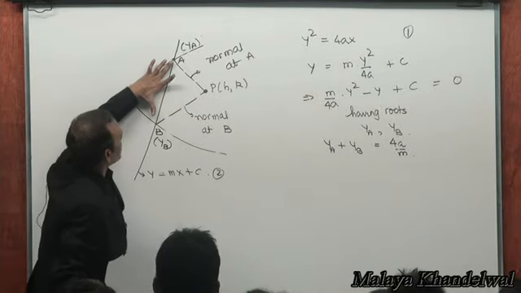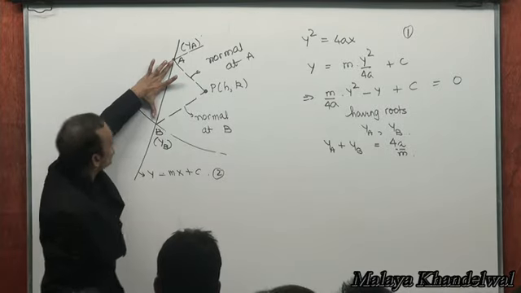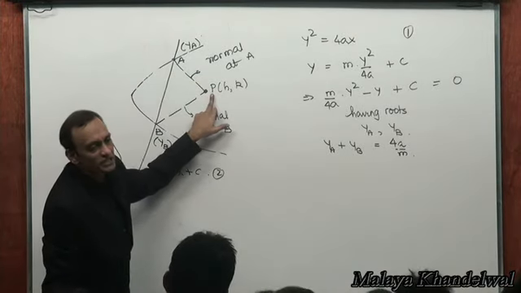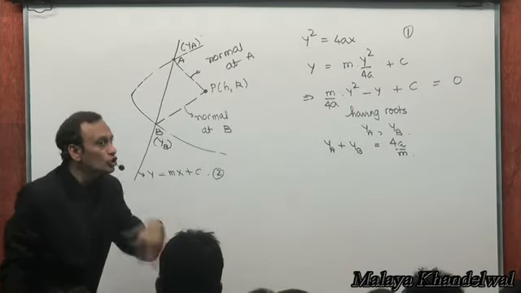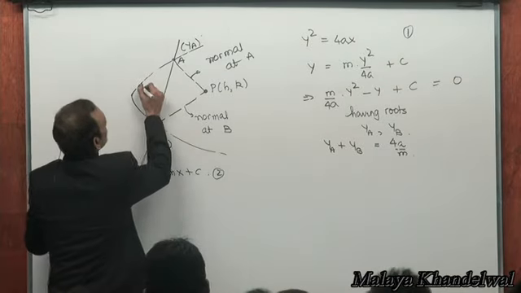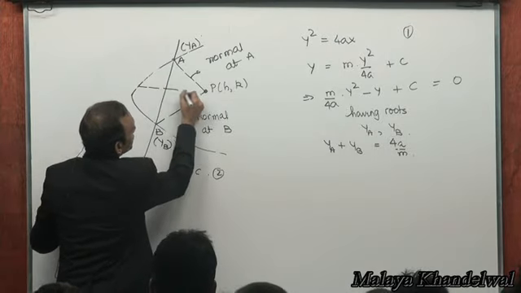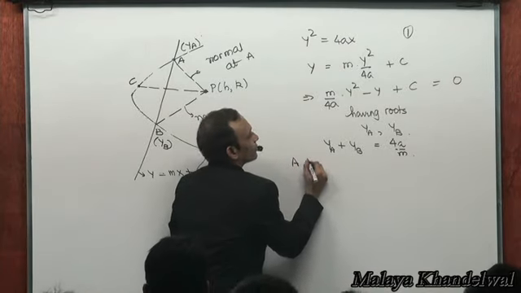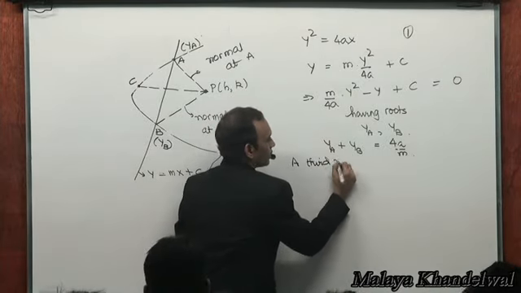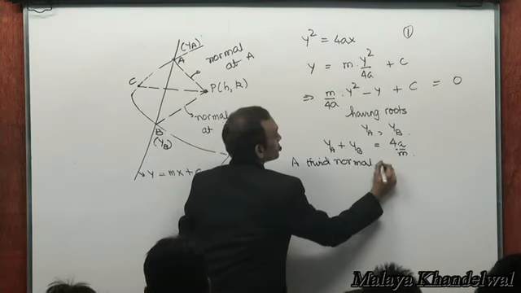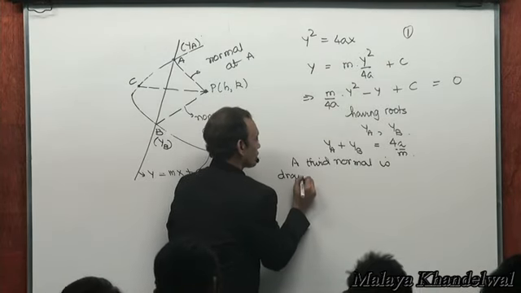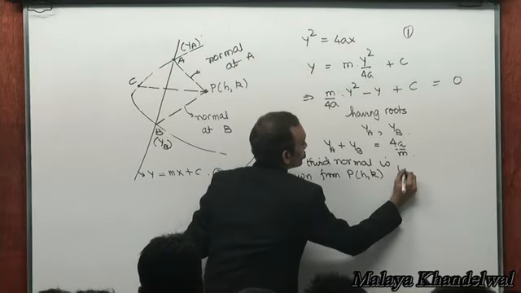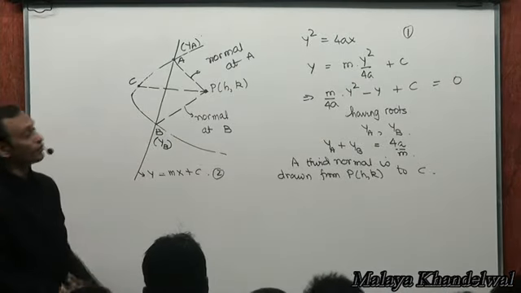Normals are drawn at the extremity of a chord of slope m, and the two normals intersect at P. Now from P, a third normal could be drawn. Let's say a third normal is drawn at C, from P, H, K to C.